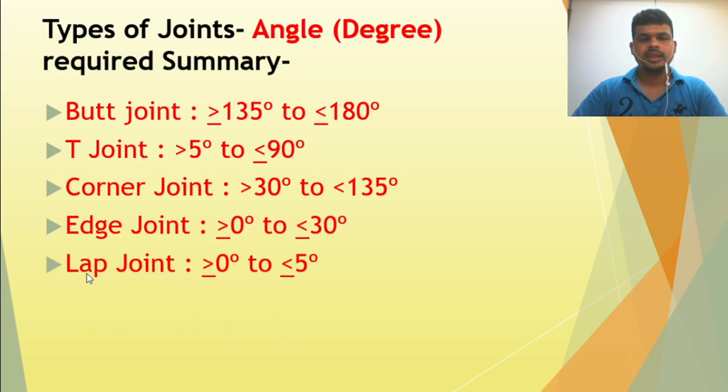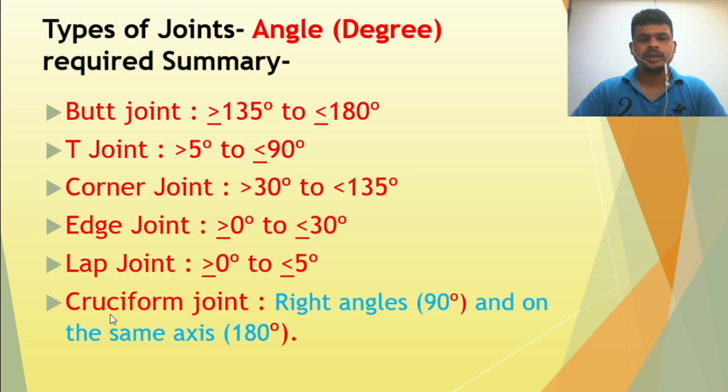Then another one is the lap joint. So greater than or equal to 0 degree to less than or equal to 5 degree. You can see this is the lap joint, but if greater than 5 degree, then consider it a T joint. So you should take note of this less than or greater than. Inclusive angle or exclusive angle, you must consider this. If you miss anything, then maybe your interpretation of the types of joints will be wrong.